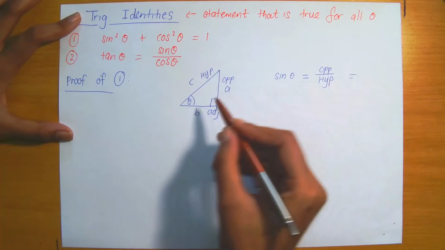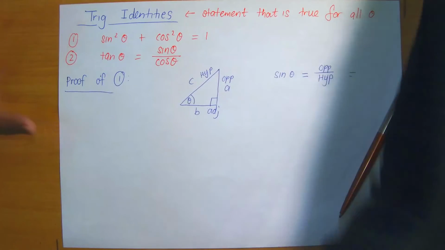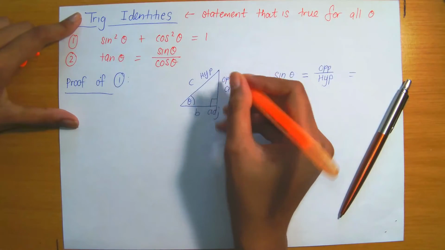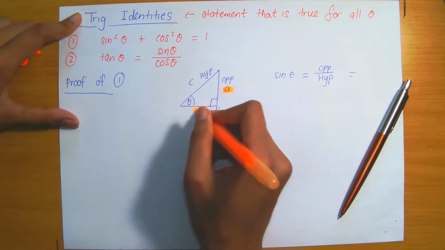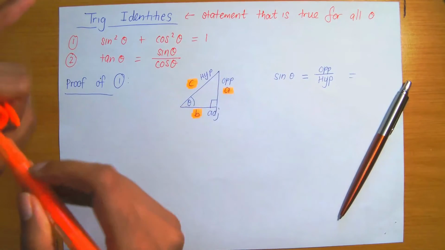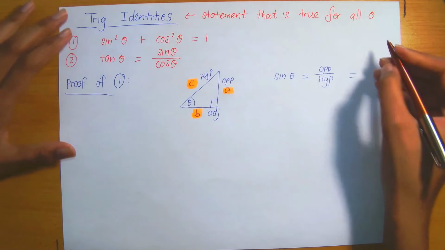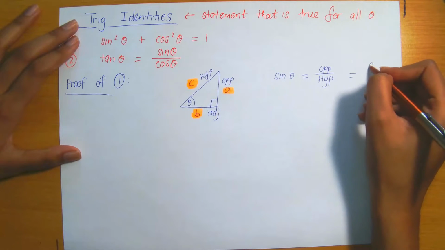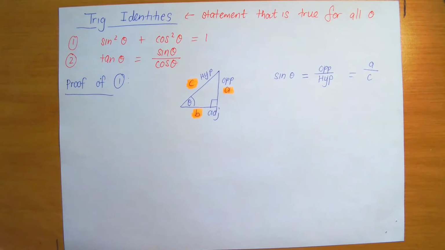Right? So based on the labels A, B, and C, the opposite over hypotenuse is A divided by C. So that is the ratio for sine theta.